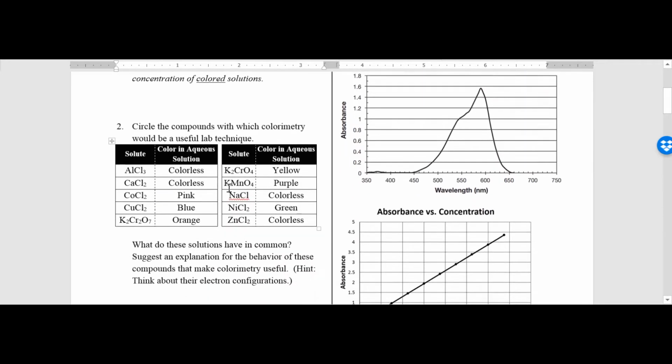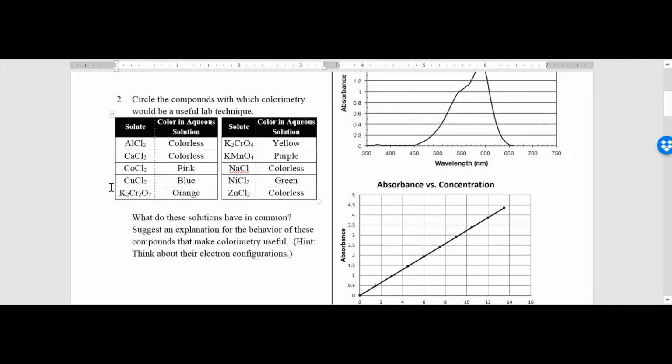Moving down to question number 2, it says circle the compounds with which colorimetry would be a useful lab technique. Go ahead and pause the video. What do you think about it? To answer this question, if it's colorless, light is just going to pass through it.